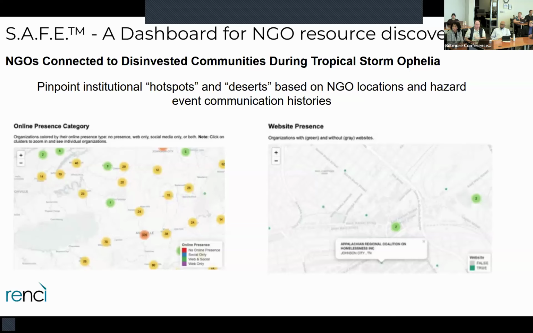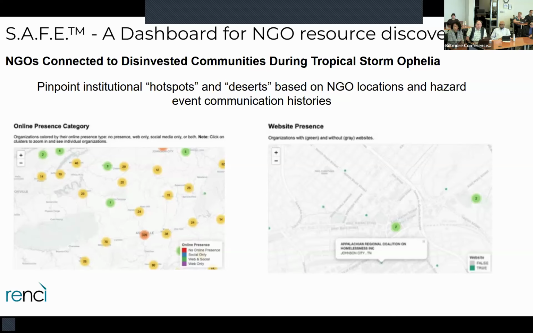And so this is just in playing with the information and really looking at what information we're gathering. These were some questions that really came up as we were surveying our NGOs and as we were abstracting information from websites. We learned what type of online presence NGOs have.